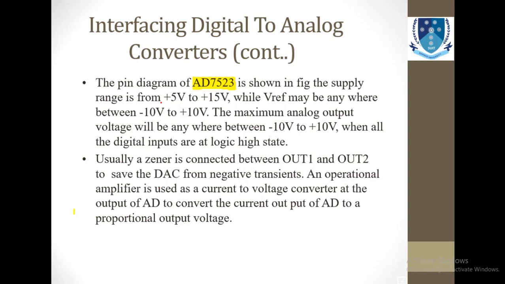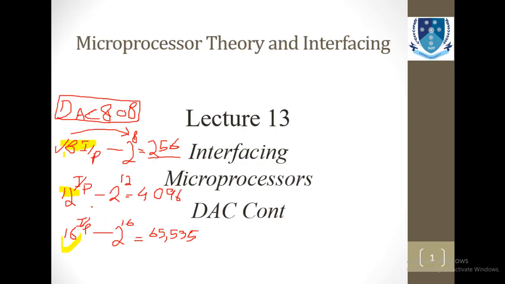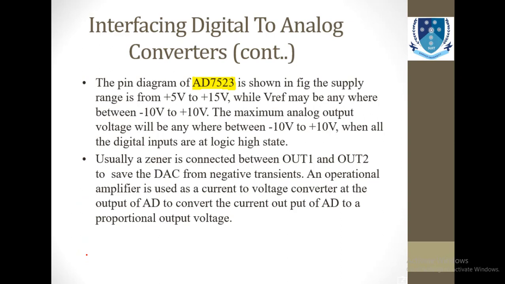Let's start with the description of this AD 7523. I've told you that instead of using different ICs in different scenarios, you can use the same IC. This was the first advantage. Similarly, this also costs less. The other ICs are not that cheap because of limited availability, and they are not available in the market, which is why we are going towards the AD 7523.